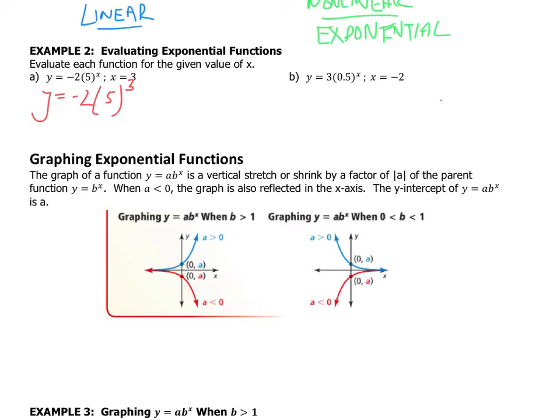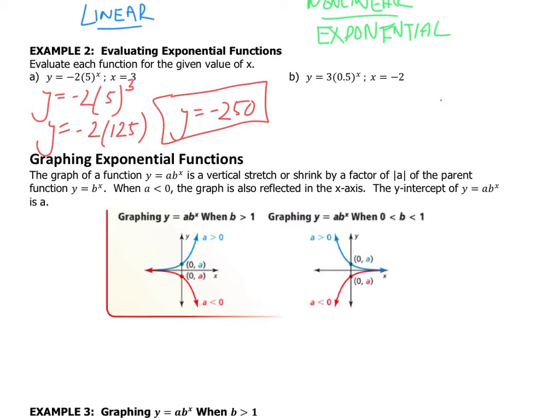So 5 to the third power is going to give me 125. And so my final answer is negative 250. And again, 5 to the third power, if you're not sure, 5 times 5 is 25, times one more 5 is 125.